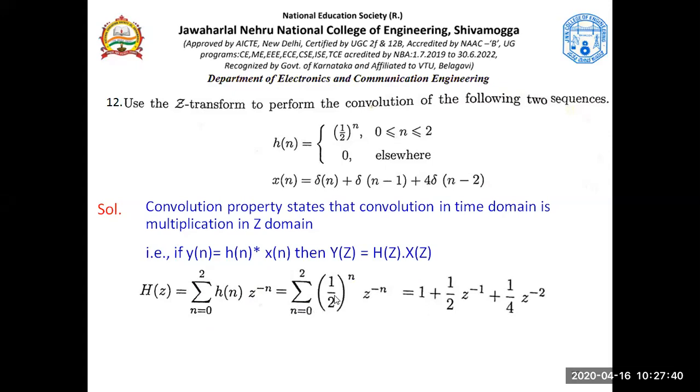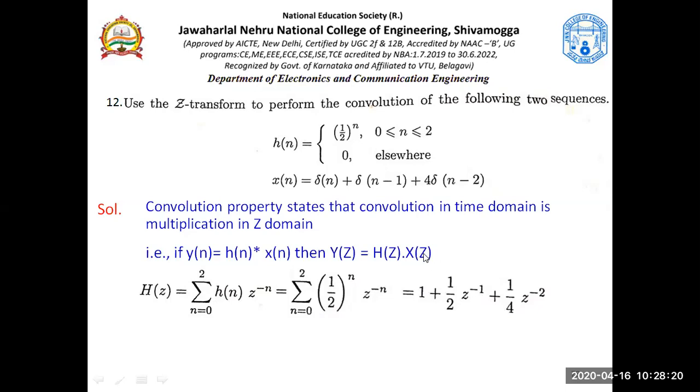Because half power 0 is 1, and when n is 0, z power minus 0 is also 1, so 1 into 1 is 1. This is the 0th sample. Then for n equal to 1, it is half into z power minus 1. For n equal to 2, it is 1 by 2 to the power 2, that is 1 by 4, into z power minus 2. So this is how we have obtained H of z.